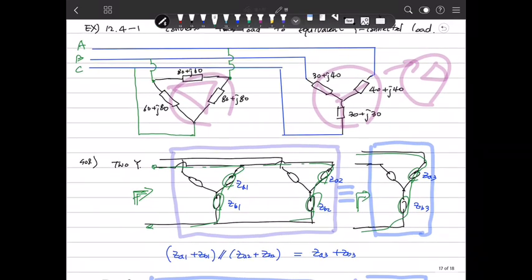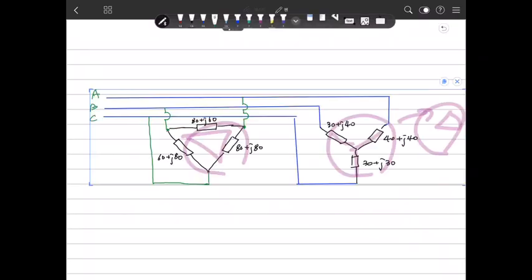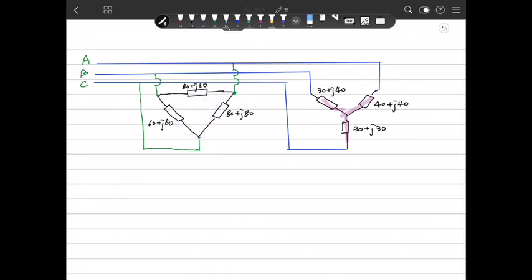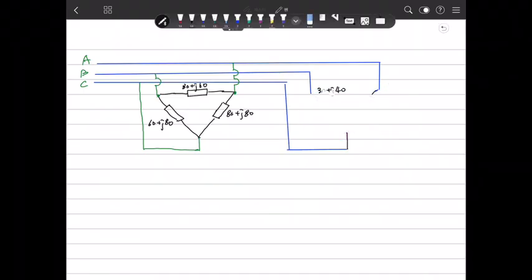Then we append this, and we replace this term with another delta in this manner.